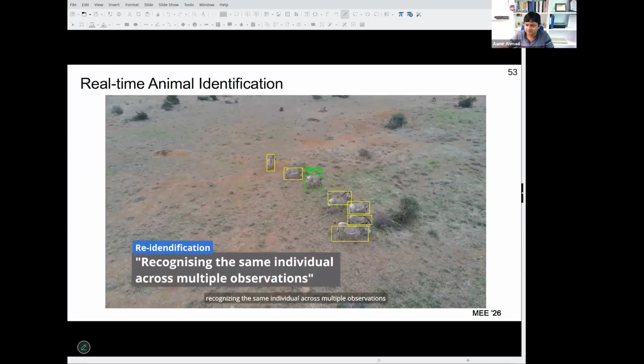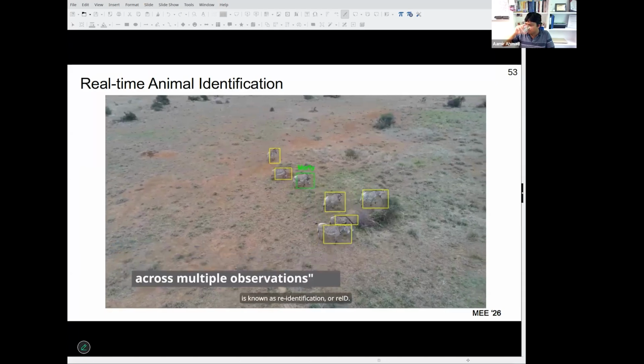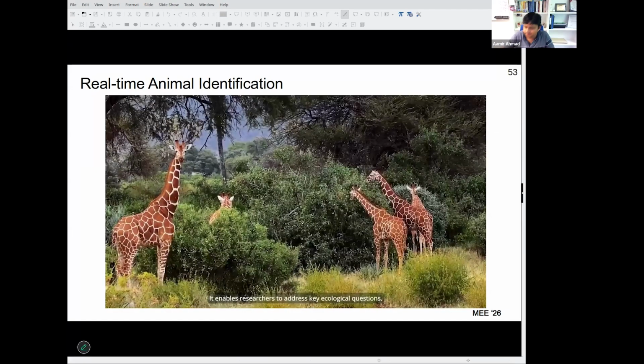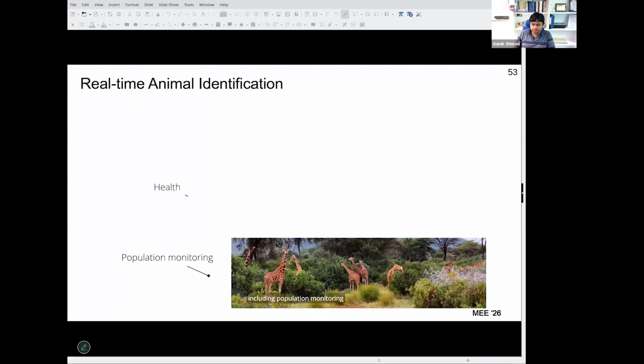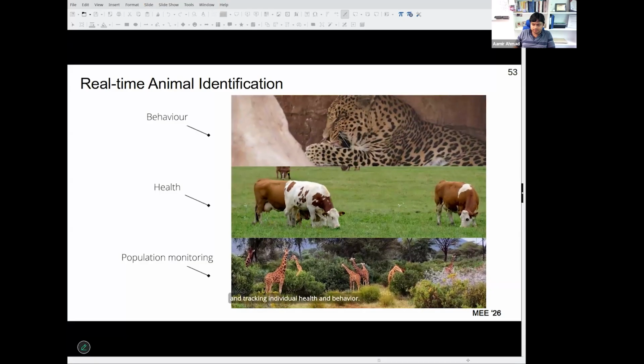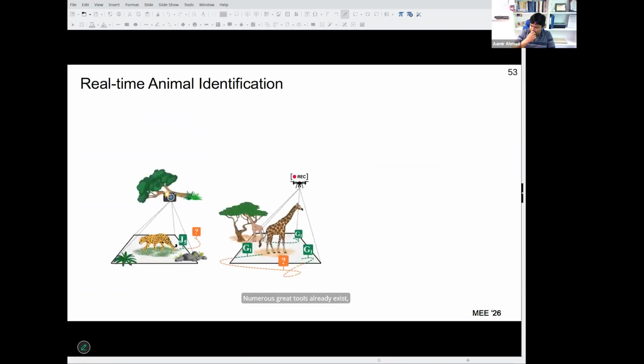Recognizing the same individual across multiple observations is known as re-identification, or re-ID. It enables researchers to address key ecological questions, including population monitoring and tracking individual health and behavior. Numerous great tools already exist, but they are mainly suitable for static scenarios where neither fast ID prediction nor computational efficiency is a primary requirement.